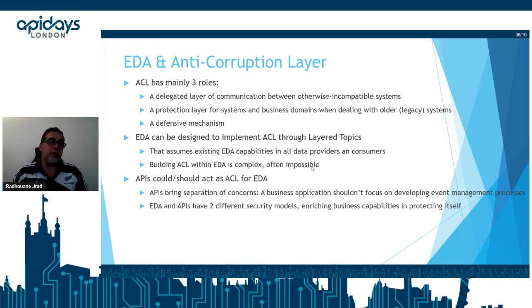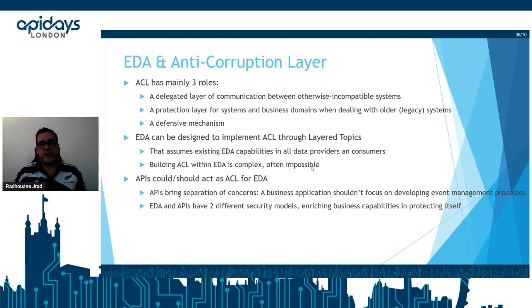So here come the APIs. The APIs can very easily play the anti-corruption layer element of your asynchronous or combined architecture. This not only brings both capabilities to the business, but also enriches the security aspect.